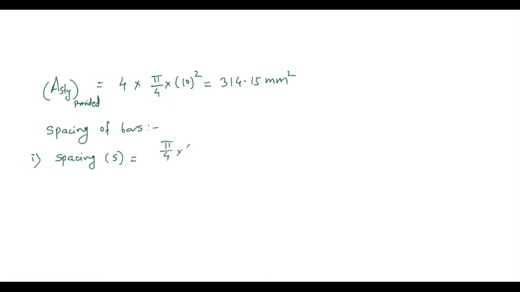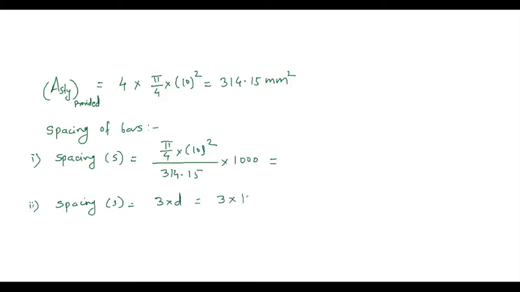It is pi by 4 into 10 square, divided by AST provided and multiplied by width, so that you will get the spacing over here. Calculate this value now. Second thing is spacing is equal to 3D. So it is 3 into what is the depth? It is 135. Calculate this value also. And in third case, spacing S is equal to 300 mm.